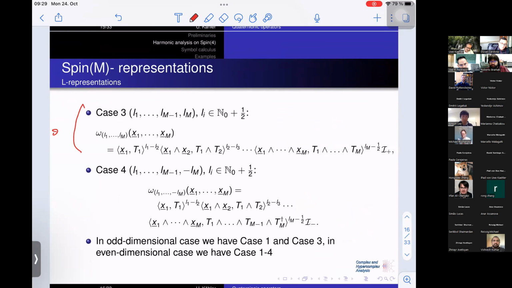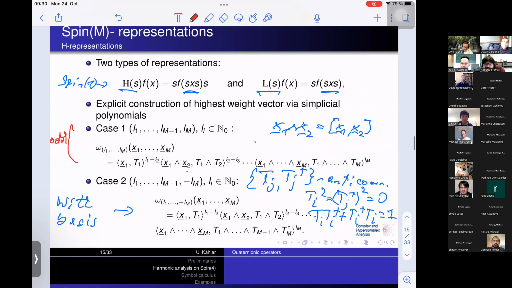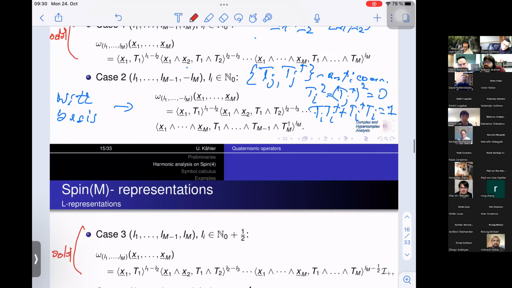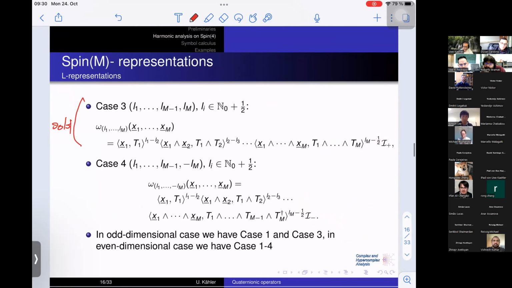While in the even dimensional case, you have both of them. In the even dimensional case, you have both integer and both half-integer representations. So all cases appear there. That basically is why the even dimensional case is always different from the odd dimensional case. It doesn't mean that the odd dimensional case is easier.